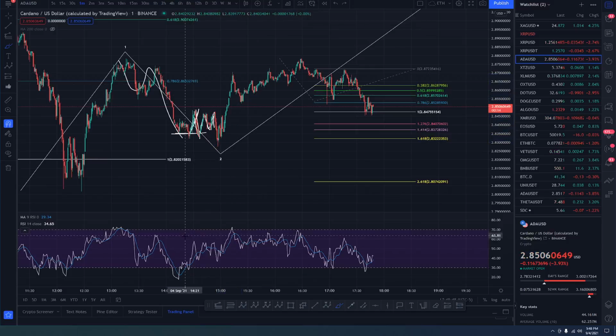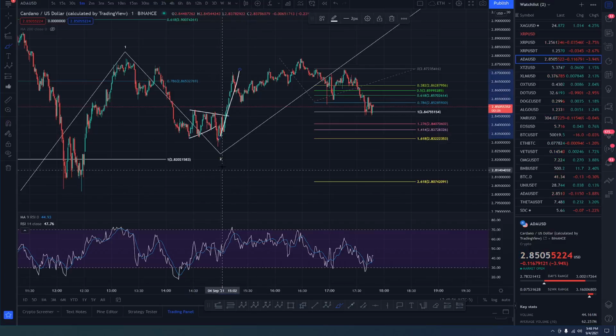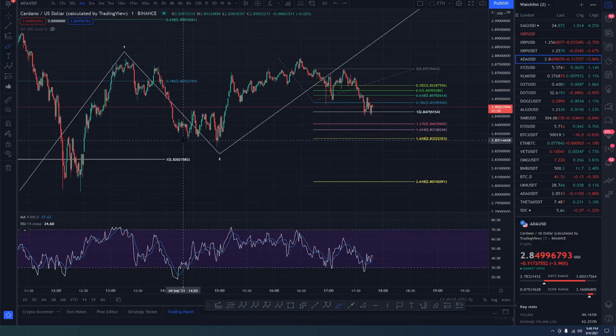But in the Discord, I said, guys, if that's a triangle, this thing's going to fly. And sure enough, how did I know that was going to fly if it was a triangle? Where do triangles get found?